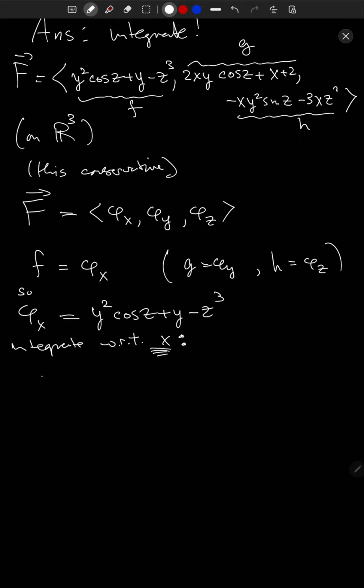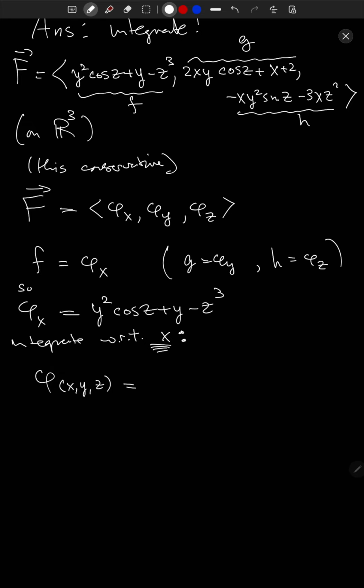In this case, it's super simple because there's no x's here. So phi is equal to, and let me emphasize, we're talking about three variables here. So phi of xyz is equal to, the integral here, there's no x's. So this is just a constant. So it's just all this business times x. I'm going to write it as y squared cos z times x, let me put the x out in front, plus xy minus xz cubed.